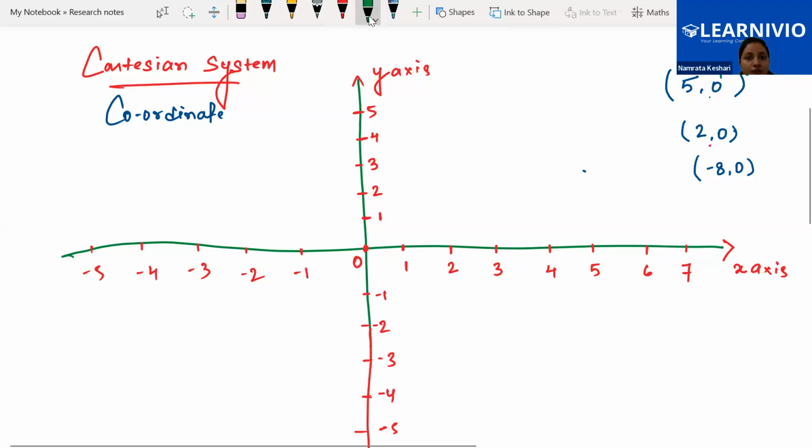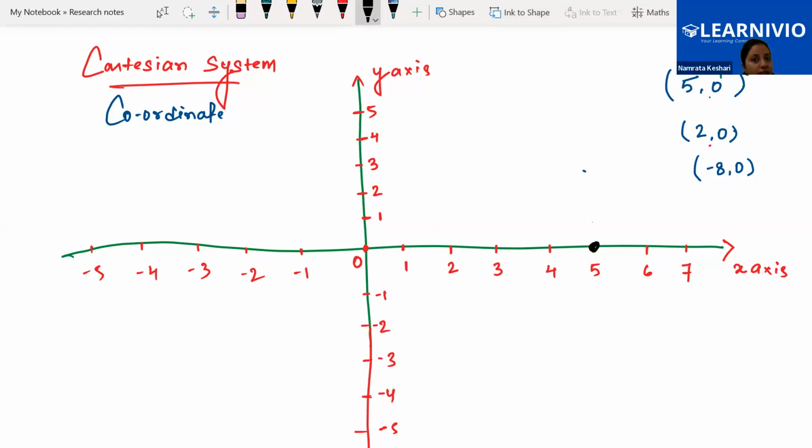Let's see where 5 is on the x-axis. Here we found 5 on the x-axis. And what is the number on the y-axis? Nothing, 0. So we don't have to see whether we will go up or go down.